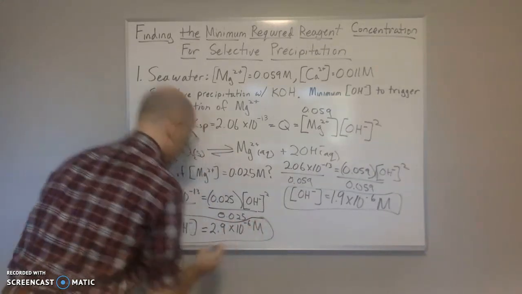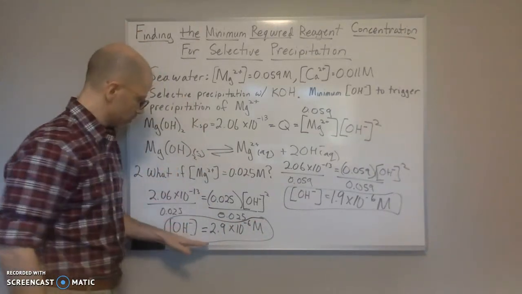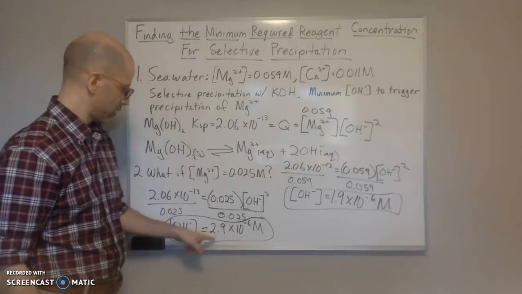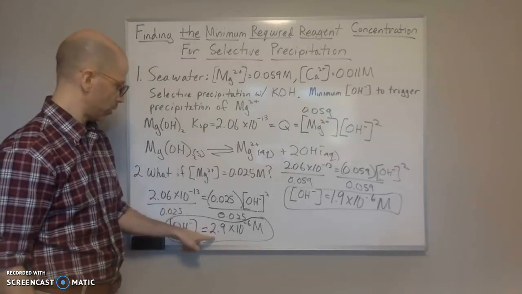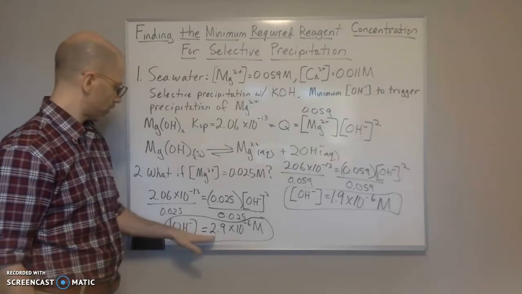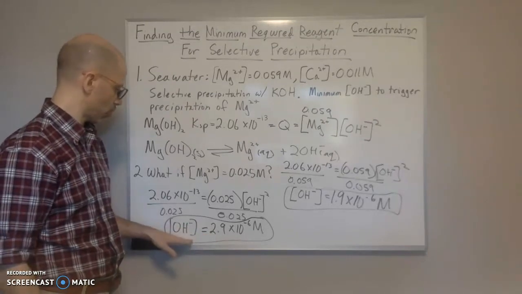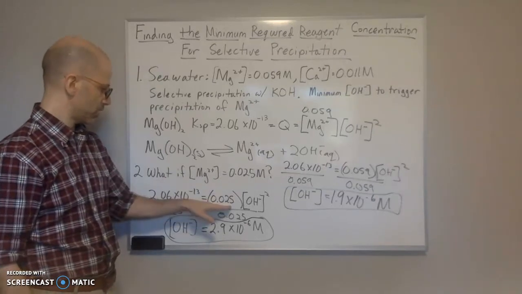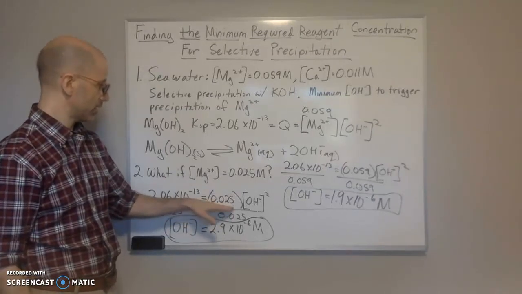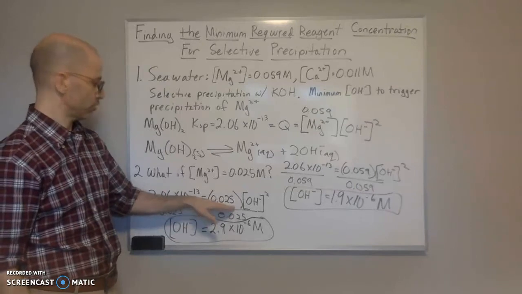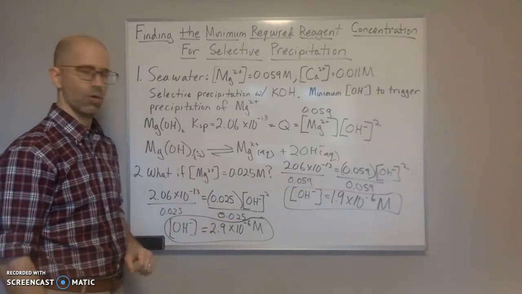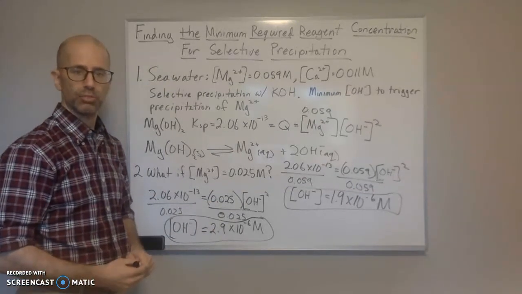So it looks like a little bit more. You'd have to have a slightly higher concentration of your OH minus, because it looks like you decreased the amount of your Mg 2+.